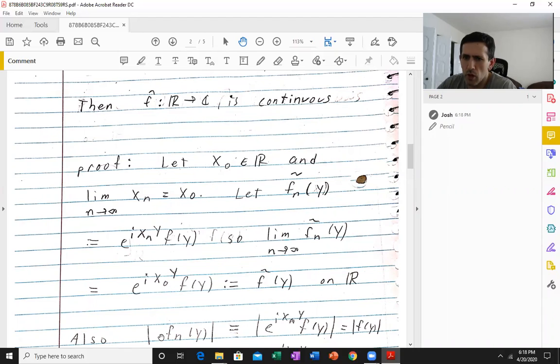Anyway, so this here is the absolute value of e to the i x_n y times the absolute value of f of y. And we know the absolute value of e to the i x_n y is 1. So this is literally equal to the absolute value of f of y. And we know f of y is integrable. So we have an integrable dominator for all these f_n's.